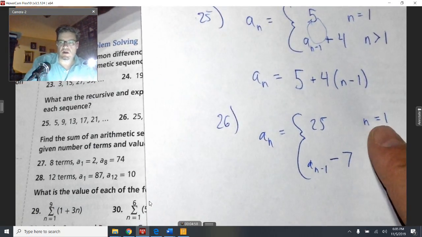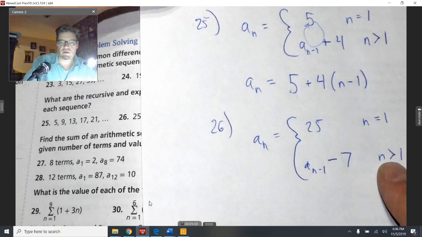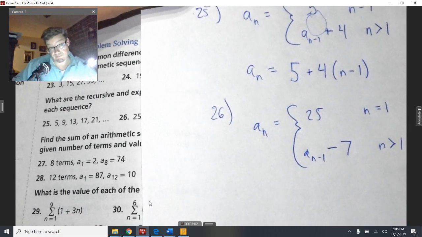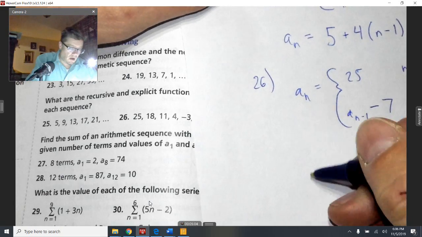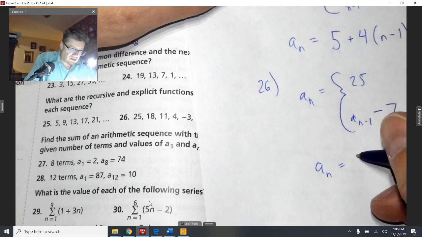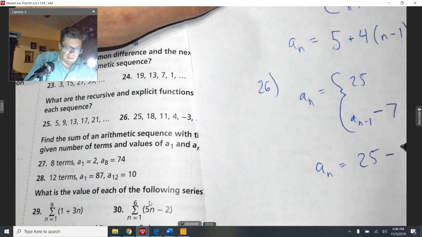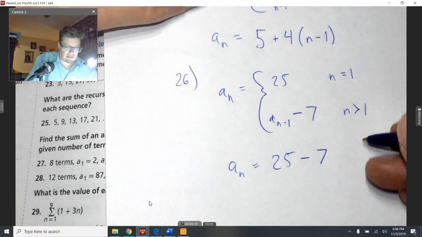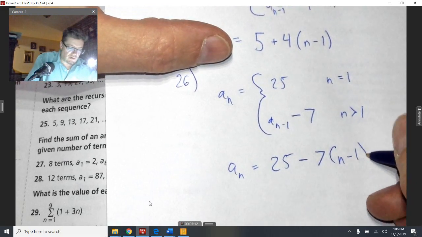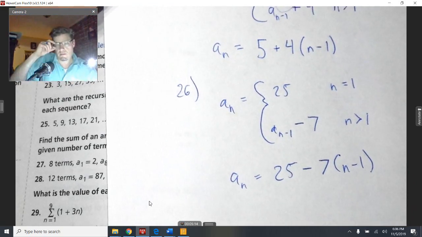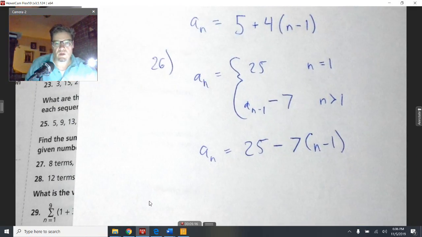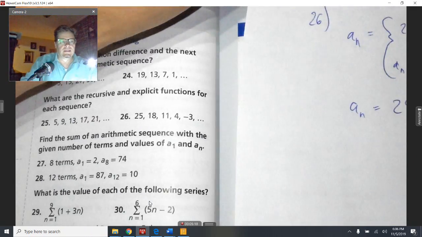So this is my starting point, and this is all the terms after it. That's my recursive, all set. Now again, we start with 25. We drop by 7 each time, and we make sure that we don't double count by putting in n minus 1. All right, so that's 26.